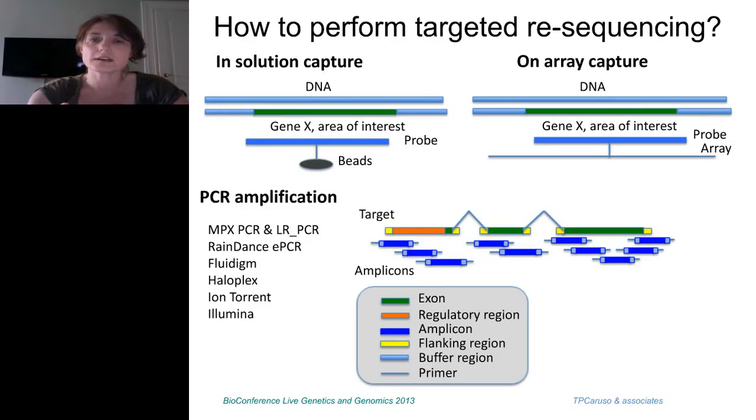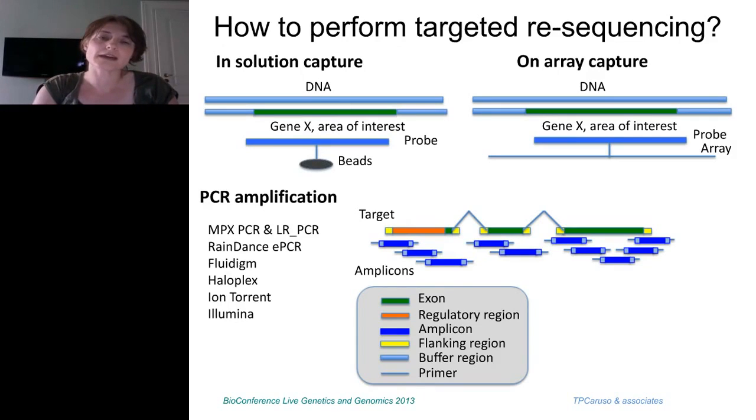When you're capturing, you need to design probes. And there are lots of commercial probes that you can use for this. And they are either done in solution when the probes are linked to beads or on arrays. And in this way, after the DNA has been fragmented, you can basically pull out what you're interested in.